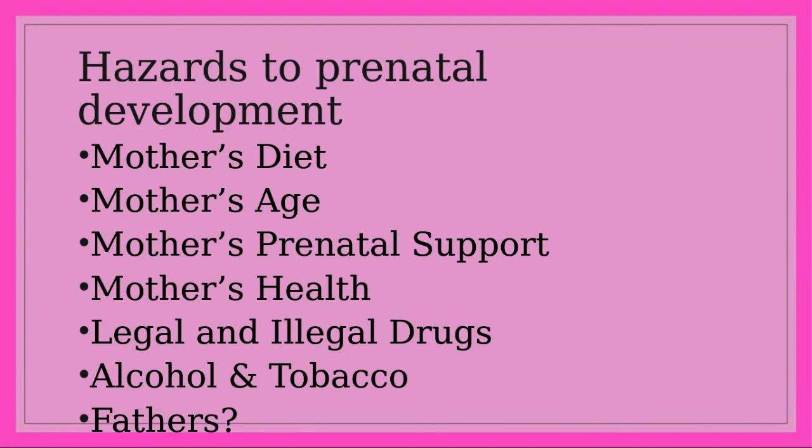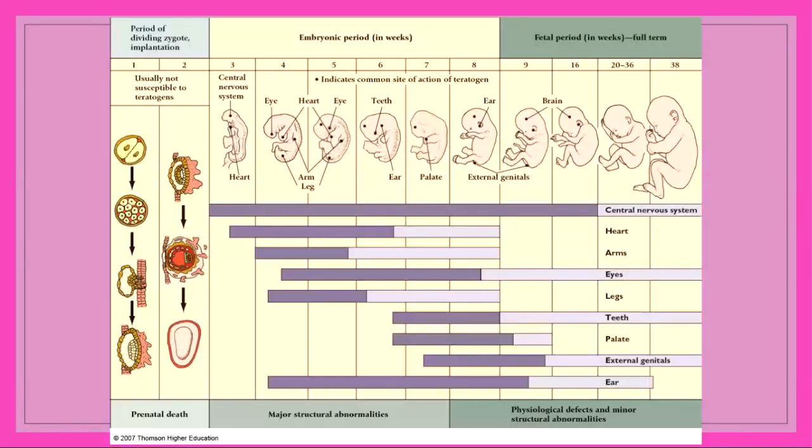So this is a chart that's in your textbook, and it shows you the different time frames. This is the period of development that the fetus is in and what kind of effects teratogens would have. You can look at this in your textbook, but you can see here's the central nervous system and then heart and arms.